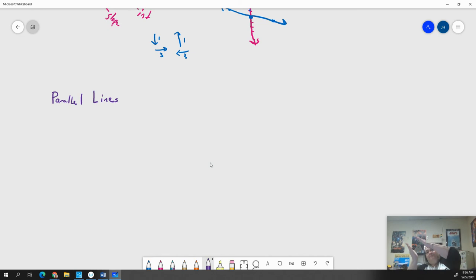And if you think about them, like say they're going like that, or they're going like that, or they're going straight across like that, they're always going to have the same slope, right? Because they're always going to be that same. Yeah, exactly, Ethan. Ethan got to it before me. Parallel lines have equal slopes. Right? The slope never changes.